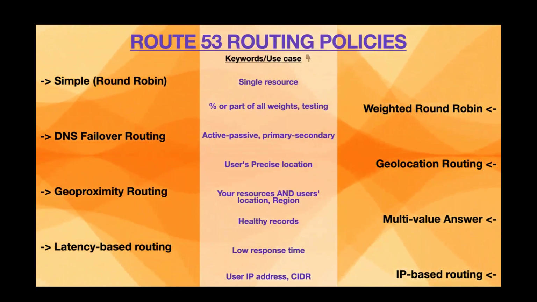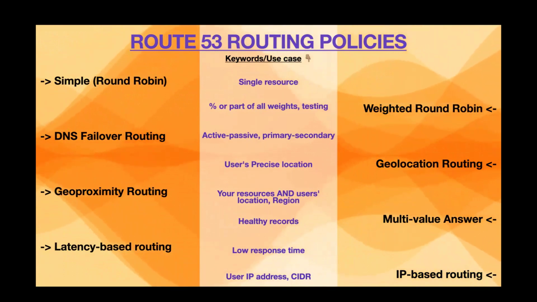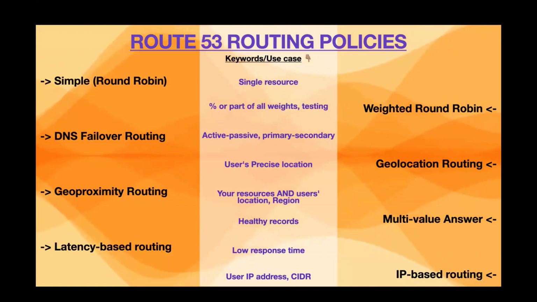And looking at the geolocation routing and the IP-based routing, there are similar concepts in AWS Web Application Firewall, which has to do with the IP match rule. So please, let's not mistake the two.